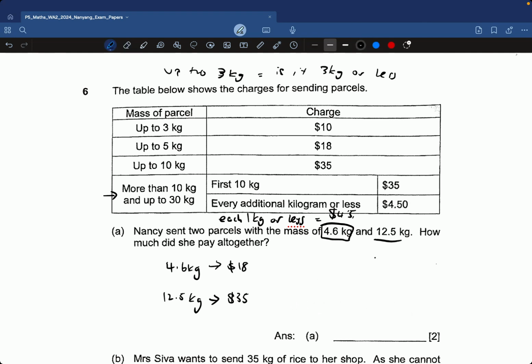Plus $4.5 times 3. So 4.5 times 3 is $13.50, right? Plus 35. So in this case, $48.50.